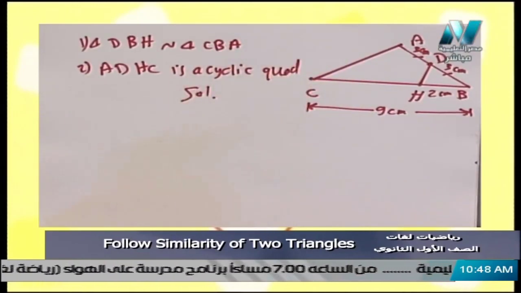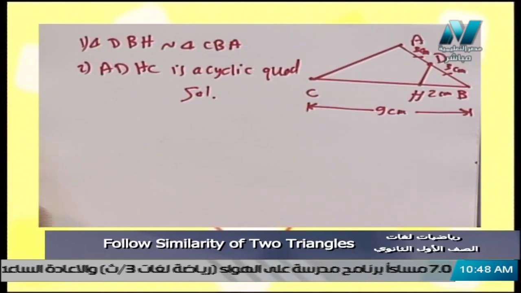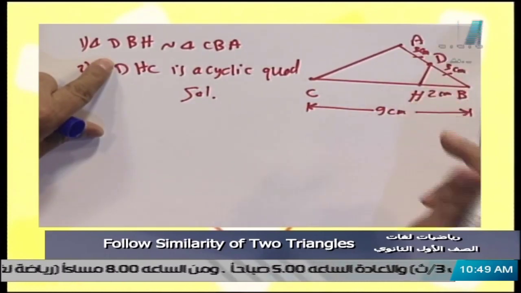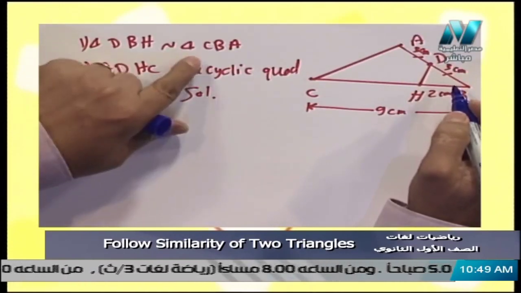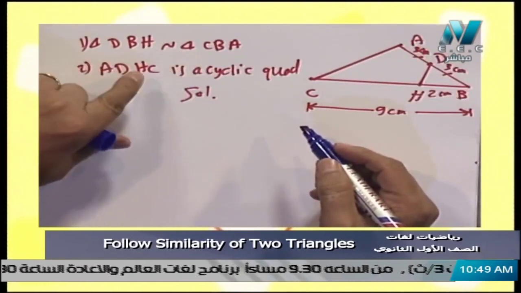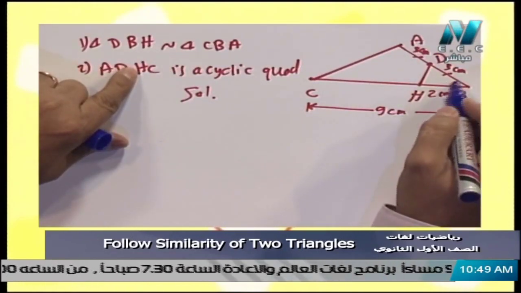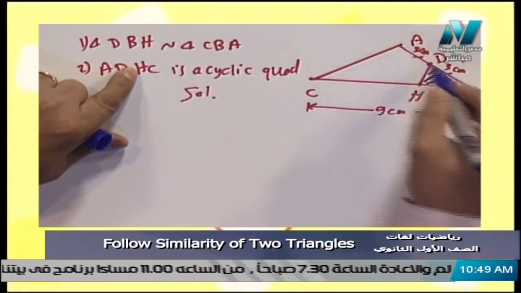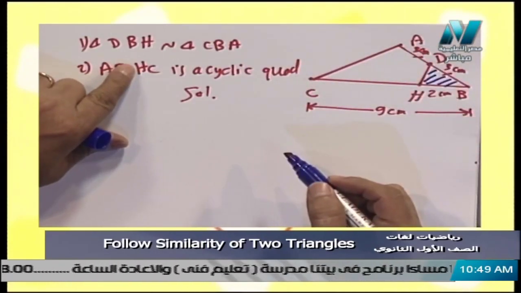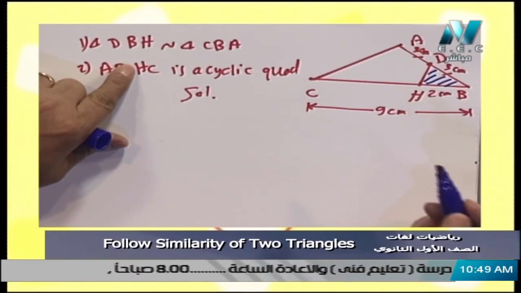Let's solve it. Here we have two triangles: DBH, this is a triangle, and the other triangle is CBA. Look carefully at these two triangles. This one, the small one, and the whole triangle, which is CBA. What do you notice? What about angles?